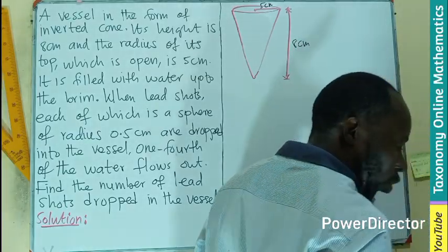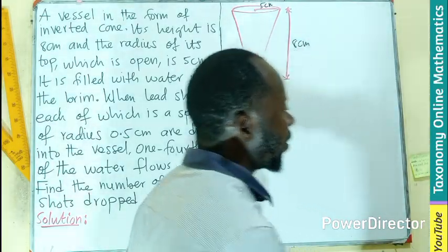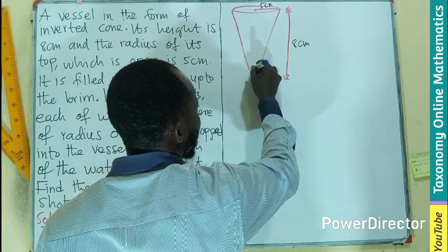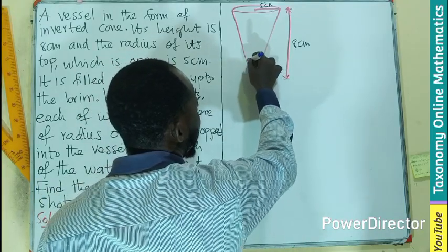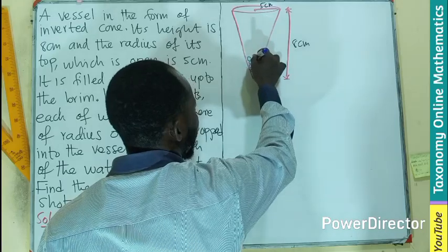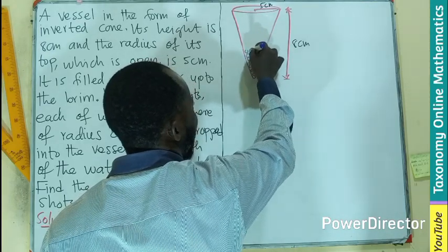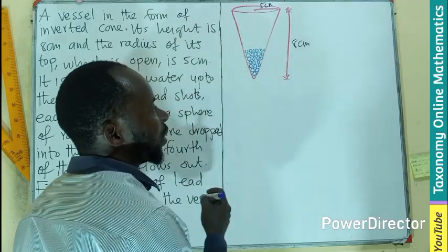Then the lead shots, which are in the form of a sphere. The number I am drawing is not indicating the number of lead shots inside. I am only making a sketch.